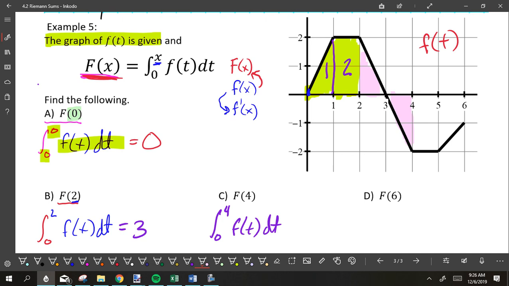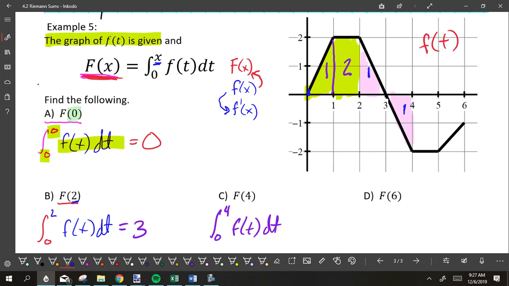Okay? What do you think? What is the area of that first pink triangle? 1. The area of the other one is 1. What do you guess? Just use your brain. What do you think I'm going to do with that triangle that's below the x-axis? I'm subtracting.